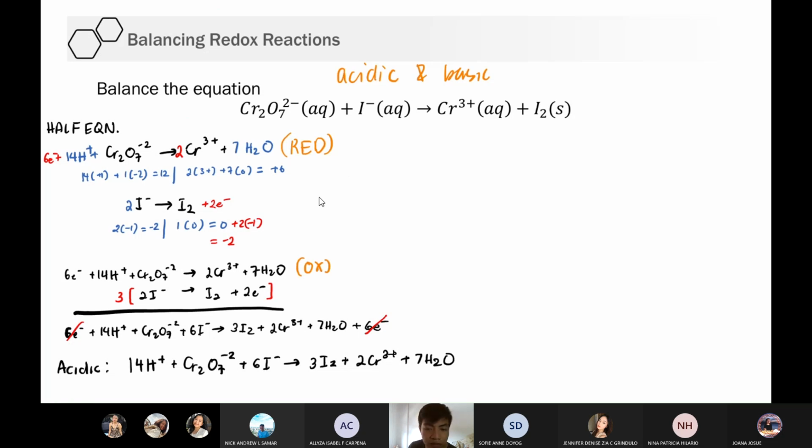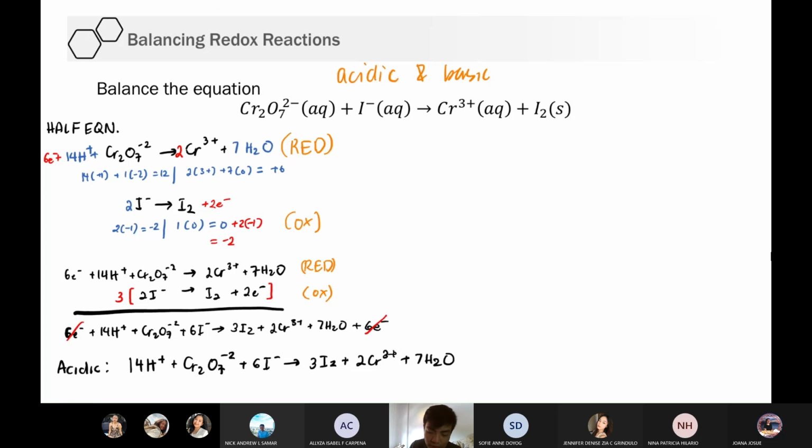That means dichromate is the oxidizing agent and iodide is the reducing agent. Okay, I made a mistake in the label. This one up here is the oxidation. Okay, so we have the redox.